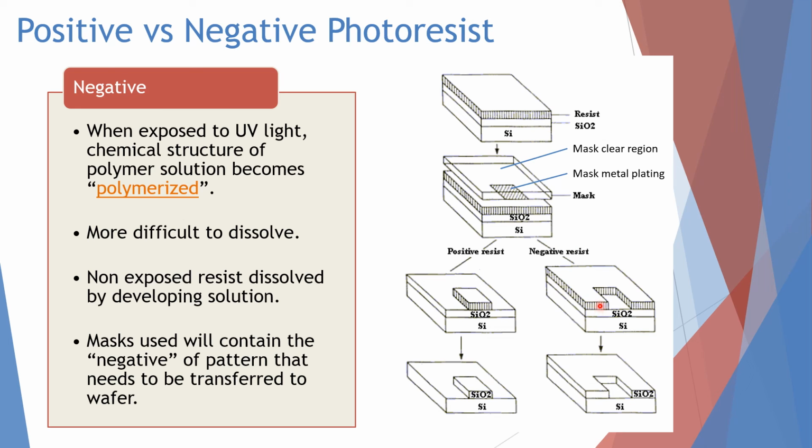When it is exposed to the UV light, this area will become polymerized, meaning it's hardened, and the area that is not exposed to the UV light will become soluble. So in the end, you will be able to see this area remain when you use the negative photoresist.